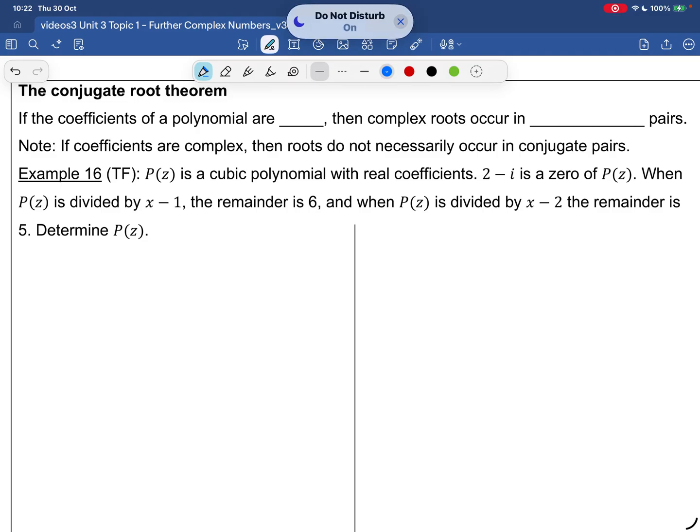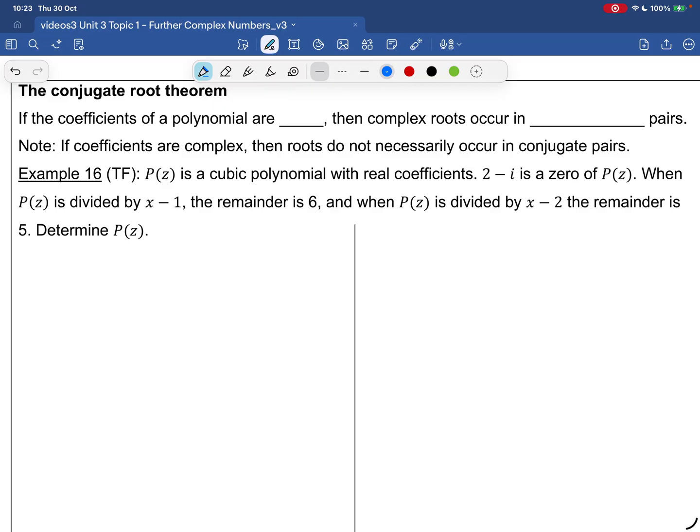Okay, so there's something quite cool about our conjugate root theorem in that if we know that I have a complex root and all my coefficients of my polynomial are real, then the complex conjugate is also going to be a root of that polynomial.